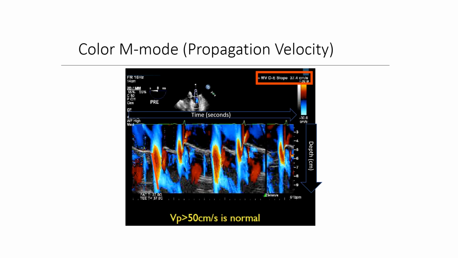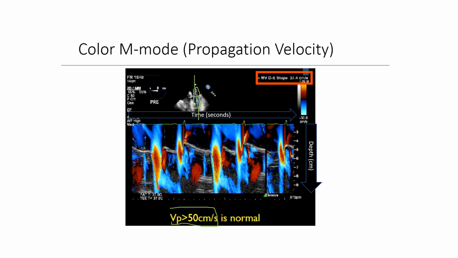Color M mode using propagation velocity is where you place color Doppler over the mitral inflow and then M mode through that to obtain a picture like this. It's very colorful. And then you get the slope of this inflow, and that's called the propagation velocity.